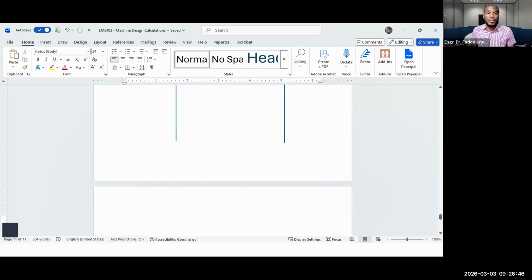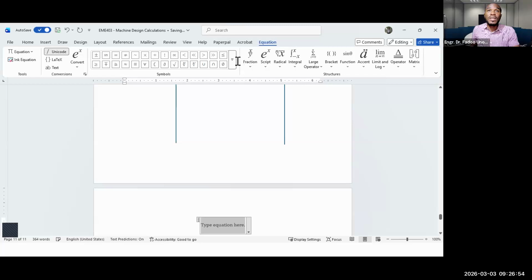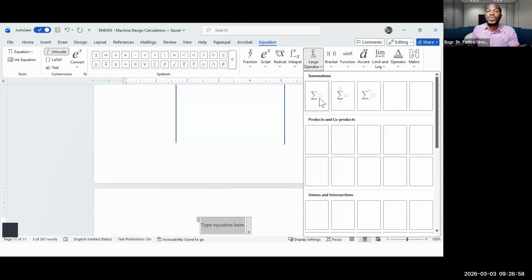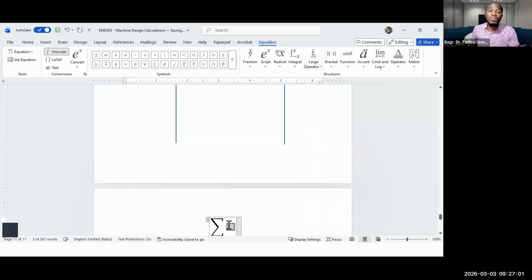So we're going to apply the equilibrium equations, and if you remember them, we said that the summation of all the forces acting on that body should be 0.